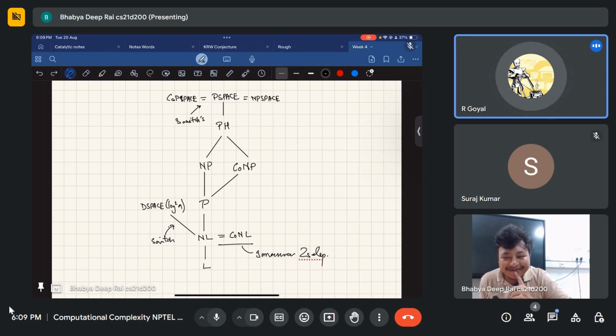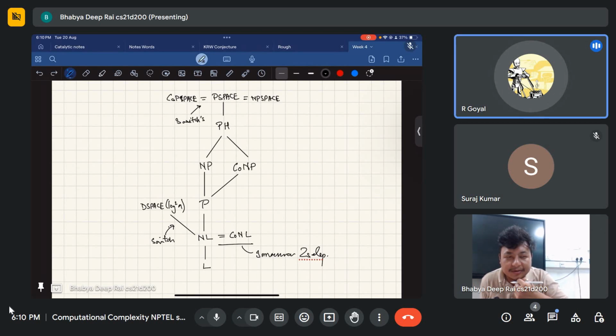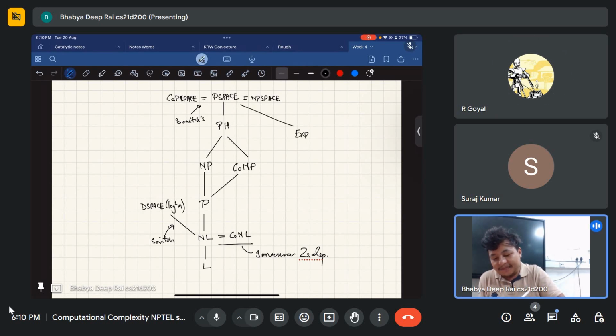I'm not sure whether co-NP is contained in exponential time or not. What about PSPACE? Could it be contained in EXP? I think EXP would be a subset of PSPACE.